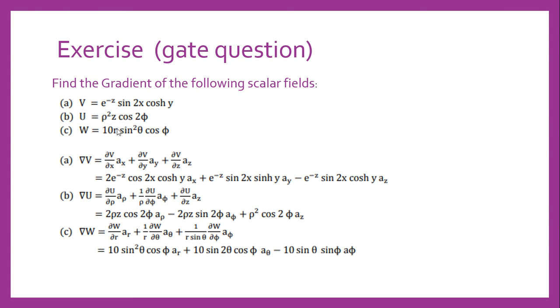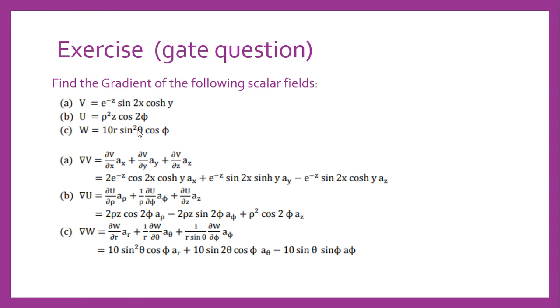The last one will be for spherical coordinates: r, r dθ, r sin θ dφ. With respect to r, if you differentiate, you get 10 sin square theta cos phi ar vector.